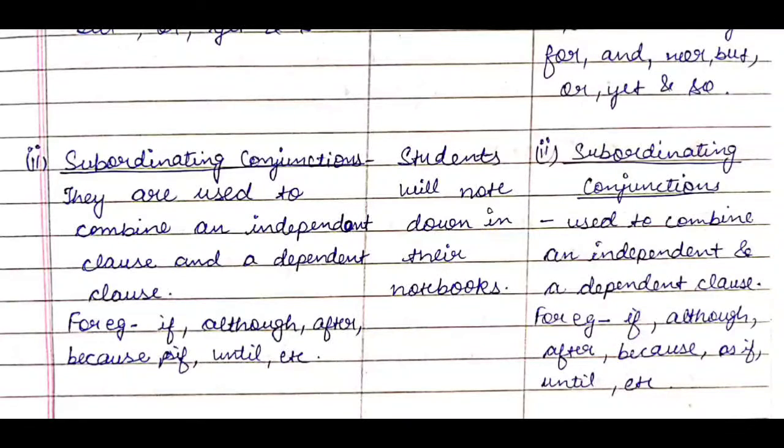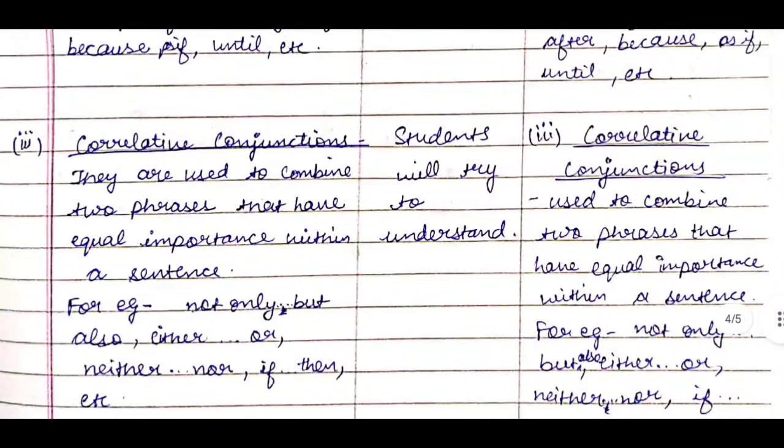and give the examples also. After that come correlative conjunctions. They are used to combine two phrases that have equal importance within a sentence. For example, not only, but also, either or, neither nor, if, then, etc. So there are two words that come in the same sentence.